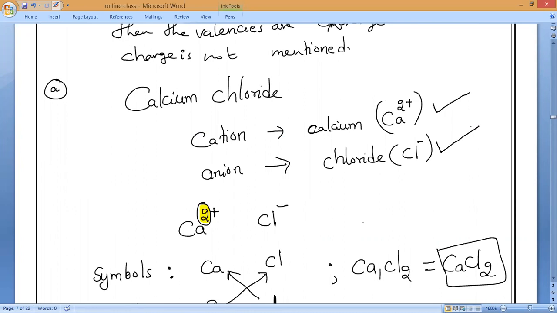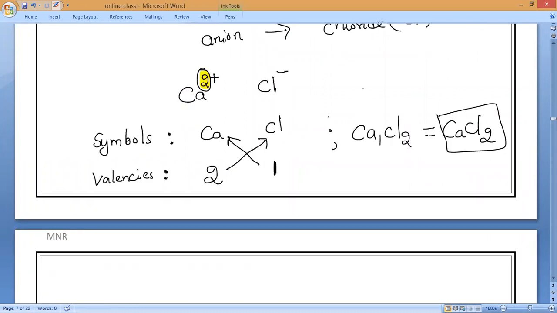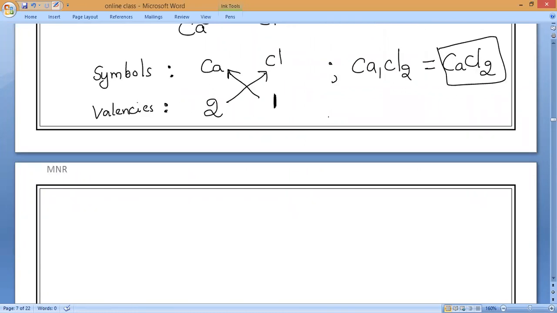So first identify the cation and anion, then write the symbols, later the valencies, and just apply the cross, exchange the cross. That's all it will happen. Next, sodium carbonate. Write it, everybody. Sodium carbonate. Now tell me, what is the cation here? All of you should tell me. What is the cation?